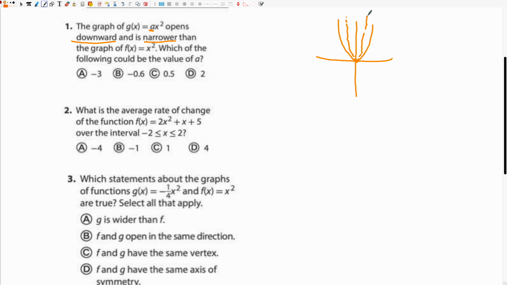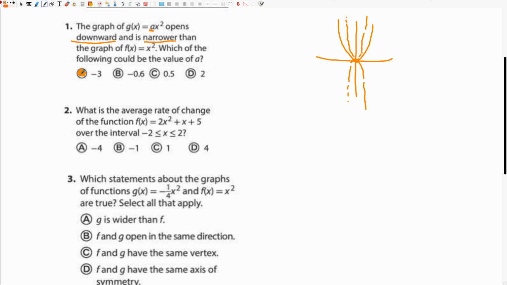So it's a narrower graph, but it's upside down, so it's going to be really like this. All right, it's A. Everybody agree? All right, it is A, because the negative flips it upside down and the 3 stretches it out, makes it narrower.